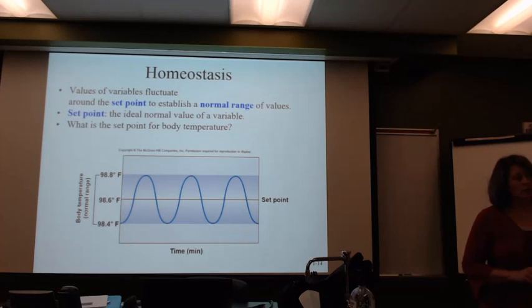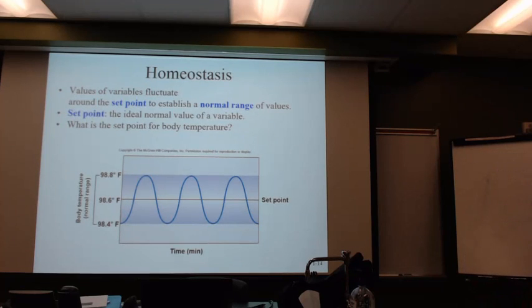And in order for the body to maintain homeostasis, if a value, meaning something within our systems, such as temperature, pH, oxygen levels, CO2 levels, electrolytes, whatever the case might be, does not stay within a normal range, the body has to say, no, we have to go back to normal.